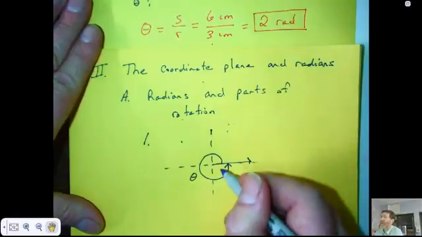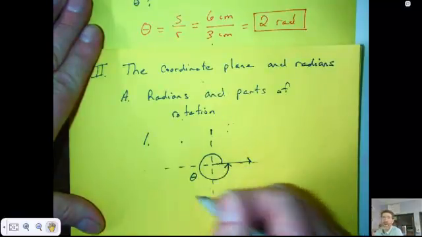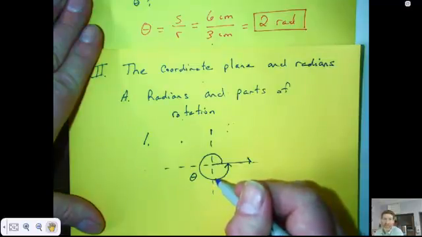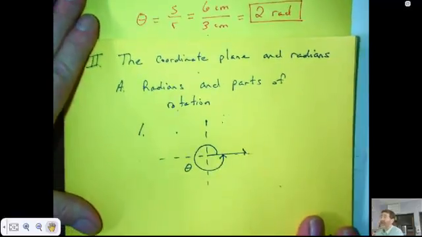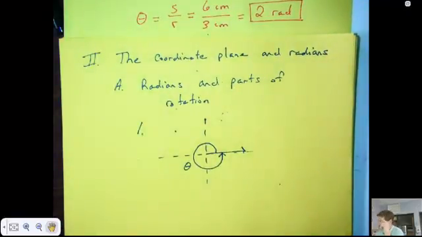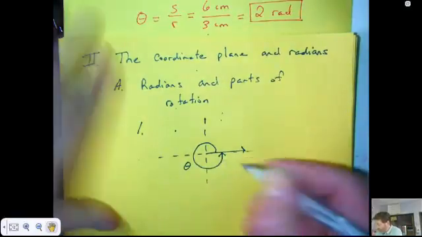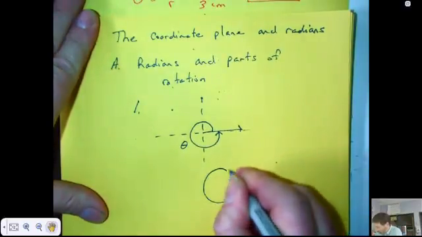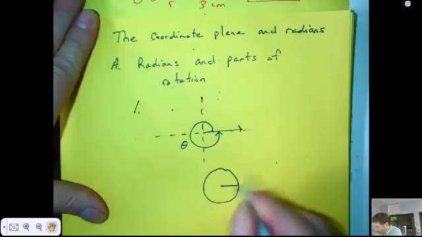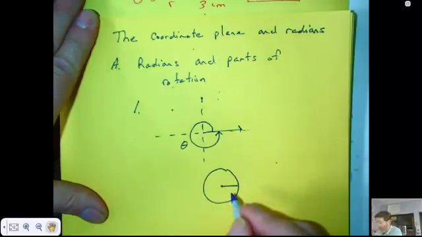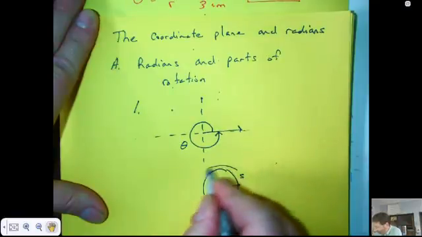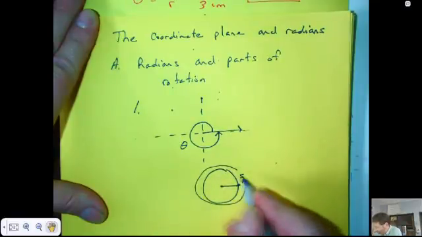Okay, so let's say then that on this coordinate plane we rotated all the way around. I want to know how many radians that is. So we need to go back and think a little bit about some things you probably did way back in 6th or 7th grade. If we go all the way around, that's like taking a circle, right? And I'm starting here, and of course I go all the way around the circle. So I know that means my arc length, that means that S, right, is all the way around this.